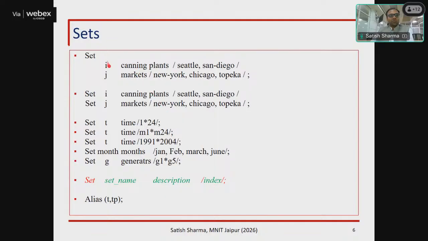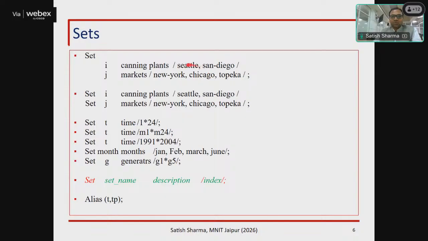There are multiple ways I can define it. Let's say I am defining set I, so I is the name of the set, the description is canning plants, and between the slashes I have defined the index, the members of the set. So Seattle and San Diego are the members.